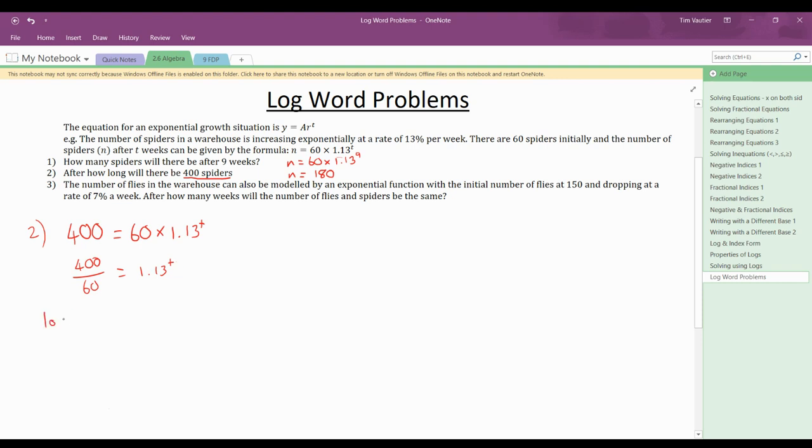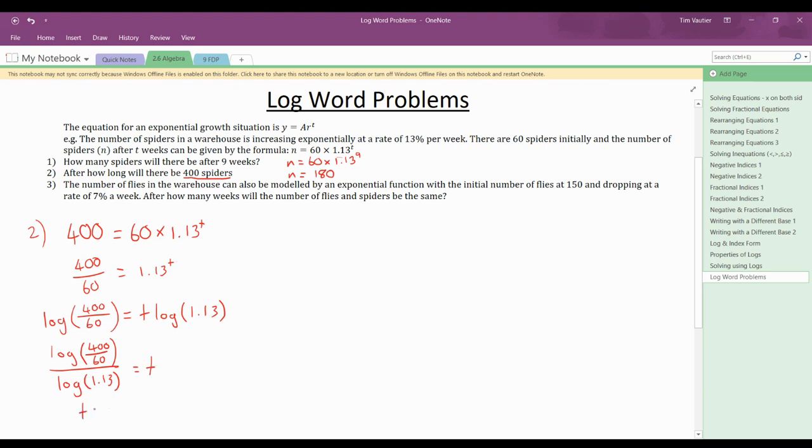So I've got log of 400 over 60 being equal to, now I'm going to go straight to t log 1.13, because I know that when I take the log of this, the t comes down in front of the log. Now I want to find out what my t value is, so I'm dividing both sides by log 1.13 because that leaves me with just t.